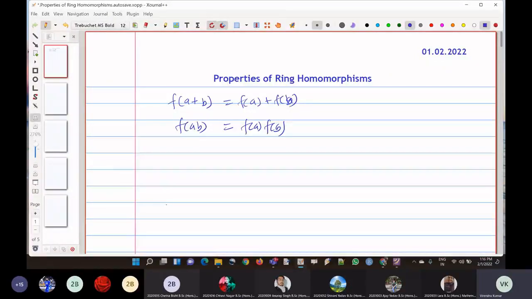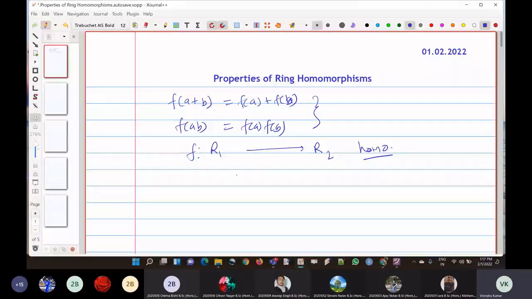Today, let me tell you what is isomorphism, and then we can talk about some properties and examples. Once we have a homomorphism, that means if there are two rings R1 and R2, and there exists a map f which satisfies these two properties, then we say that f is a homomorphism. We are not imposing any condition on f, such as being 1-1 or onto.